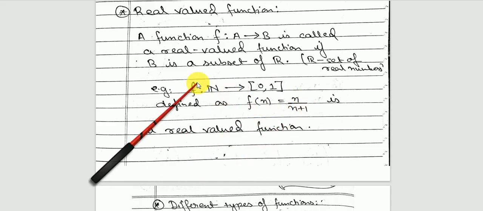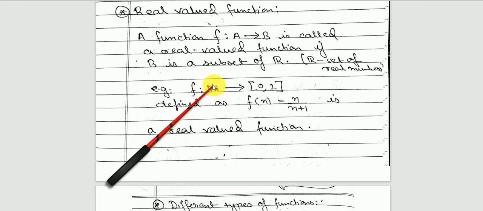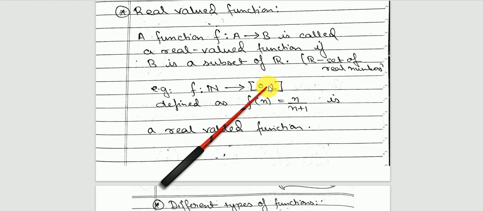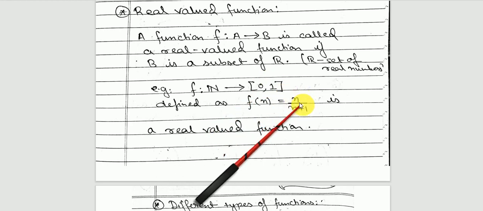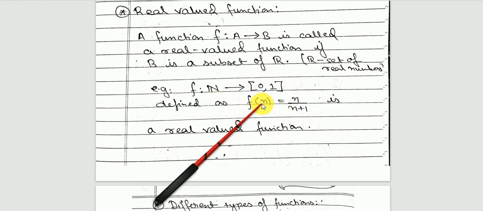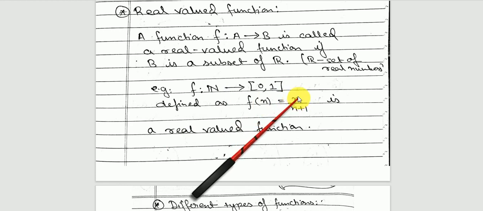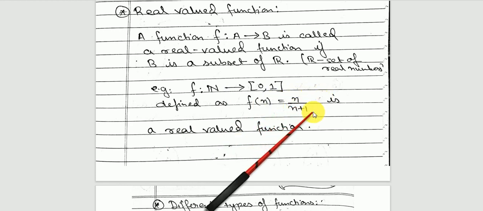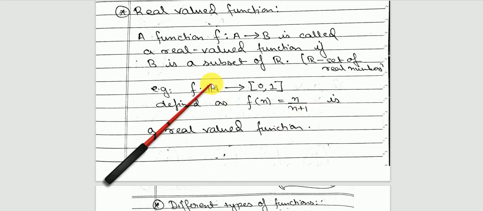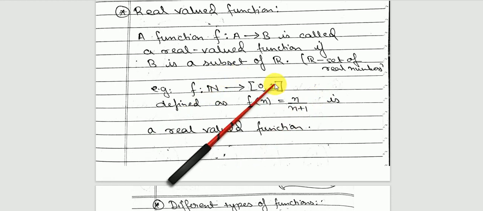So if I take any natural number from here, it will be related to one element over here, decided by this formula. If I take n equal to 1, then that 1 will be related to 1 upon 1 plus 1, that means 1 by 2.